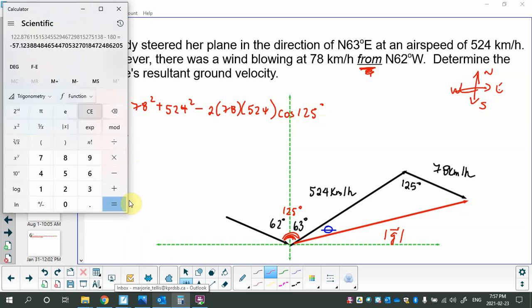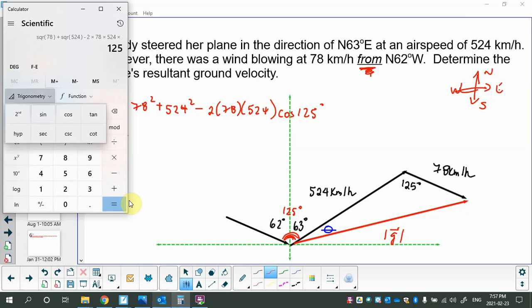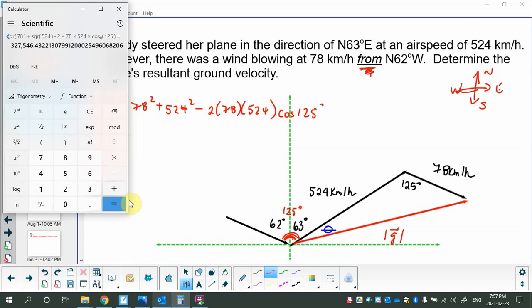So calculator. 78 squared plus 524 squared minus 2 times 78 times 524 times cos 125 equals. To finish it off, a very gigantic number.